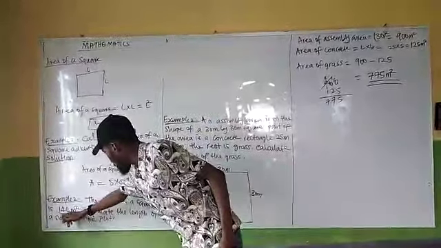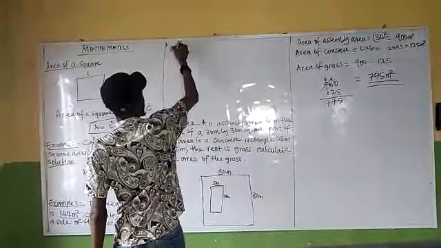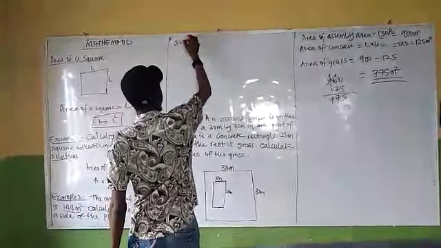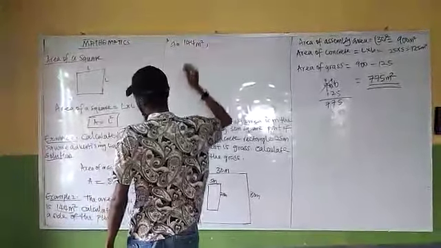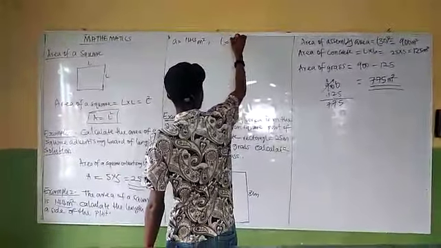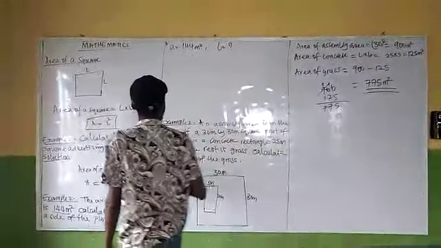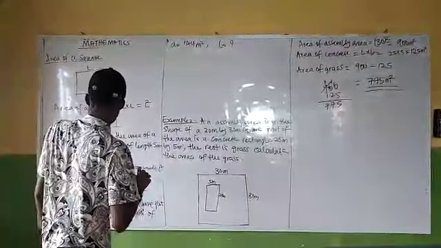So you say area A has been given to be 144 meter square. What we are looking for is the length.